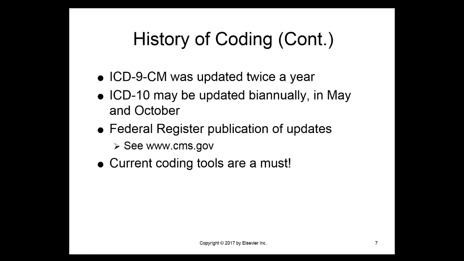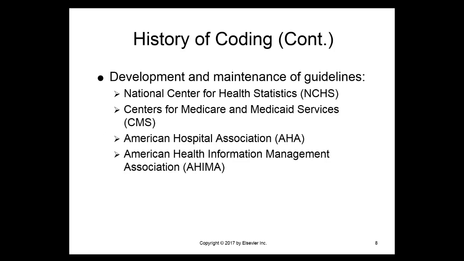I'm actually in 3M teaching you how to find these ICD-10 codes using the integrated code book. One of the things that is important is that ICD-10-CM and PCS are maintained by what are called the cooperating parties, and that is NCHS, and then CMS, the American Hospital Association, and AHIMA.